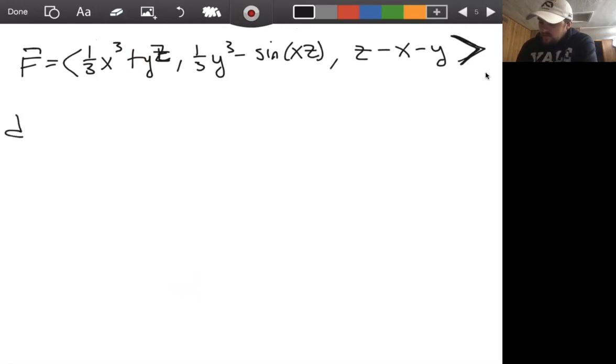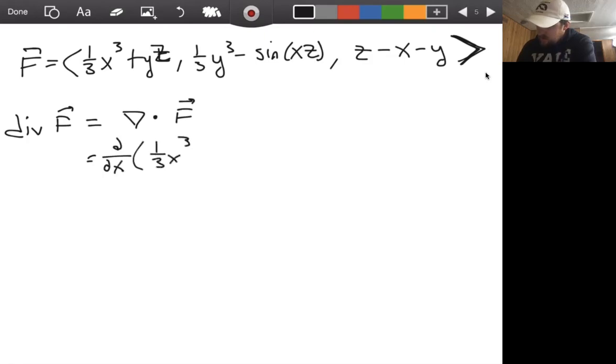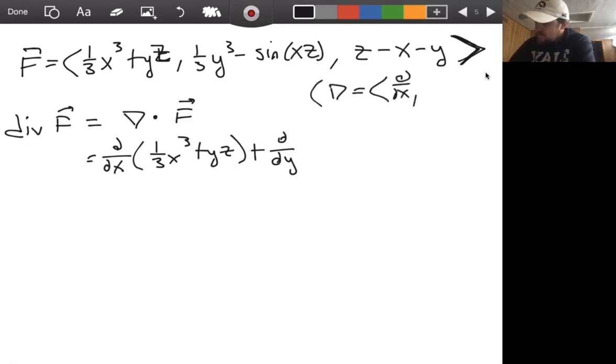To calculate the divergence, remember the divergence of F is the gradient dot F. So this is d/dx of 1/3 x cubed plus yz, plus d/dy, because remember, the gradient is the operator expressed in vector form: del x, del y, del z.